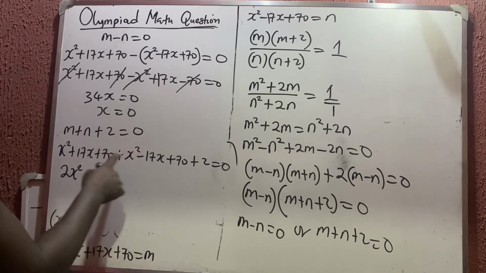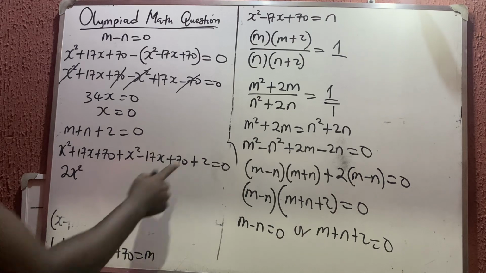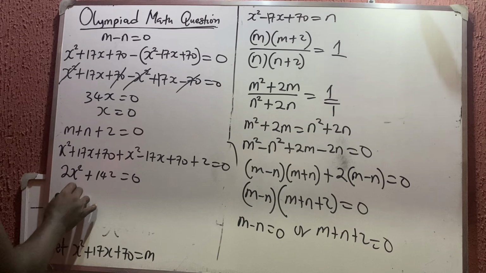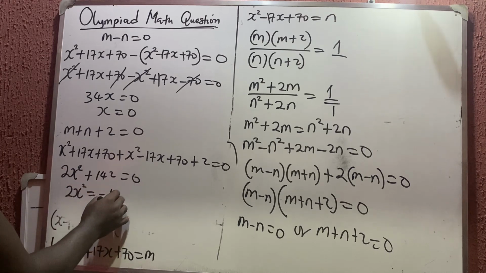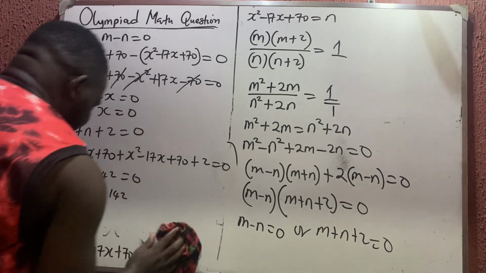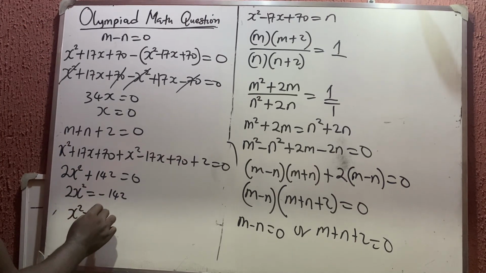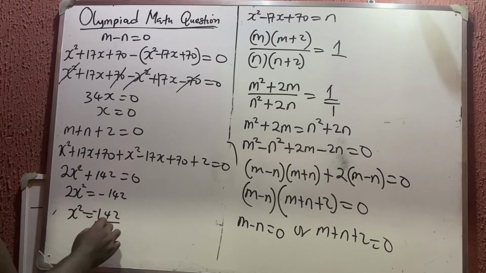This and this is gone. 70 plus 70 plus 2 is 142. So plus 142 is equal to 0. So I'm having that 2x squared is equal to minus 142. So therefore my x squared will now be minus 142 divided by 2, so x squared is giving me minus 71, so x is now plus or minus the square root of minus 71. Okay, so that is that.